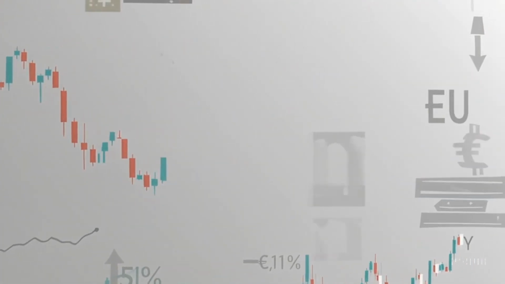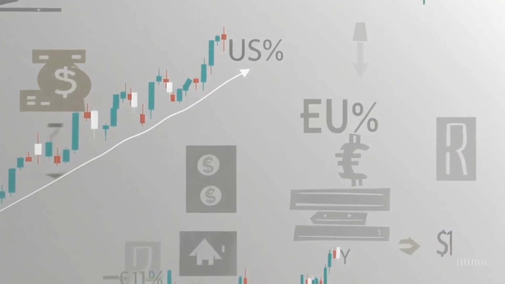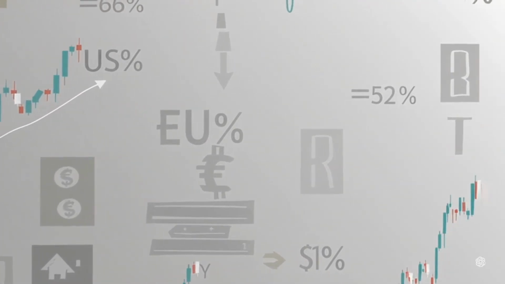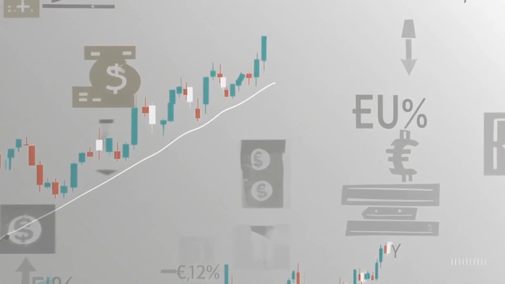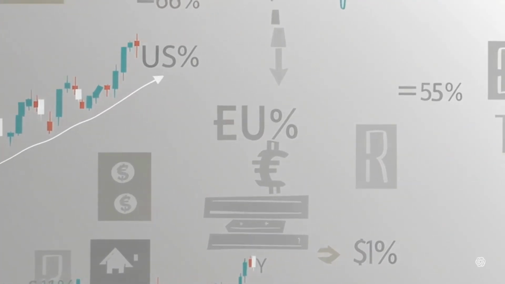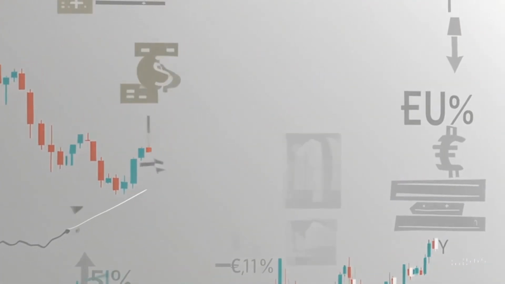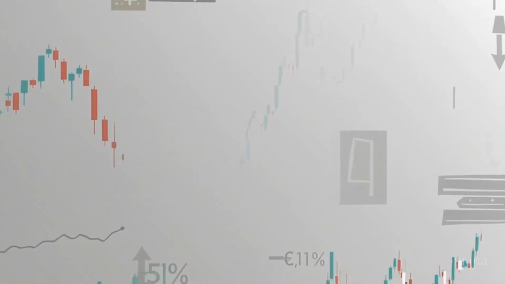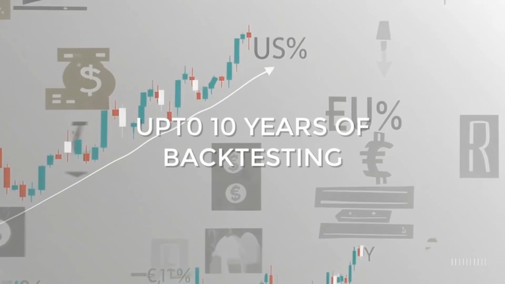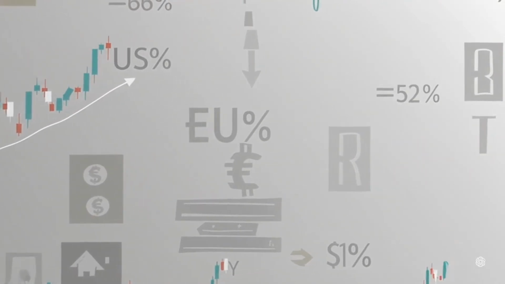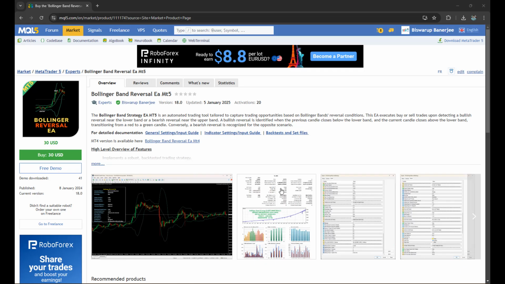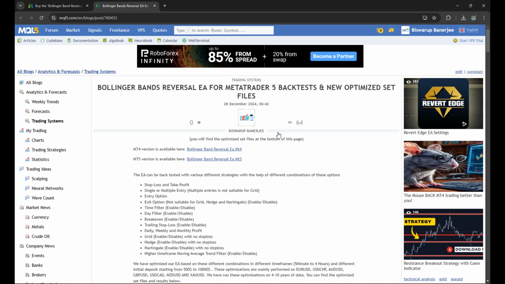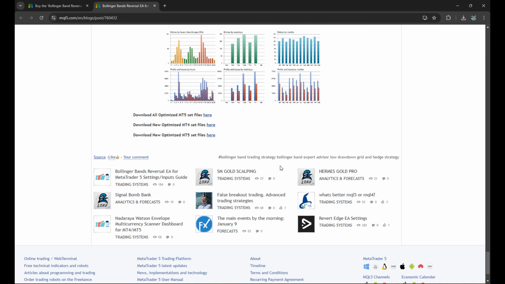The optimization process included a detailed analysis of spread conditions, risk levels, and trading hours, ensuring consistent performance across different scenarios. Extensive backtesting was conducted over a 2 to 10 year span, making the results highly reliable and reflective of various market conditions. You can download these optimized set files from our blog, saving you hours of trial and error.